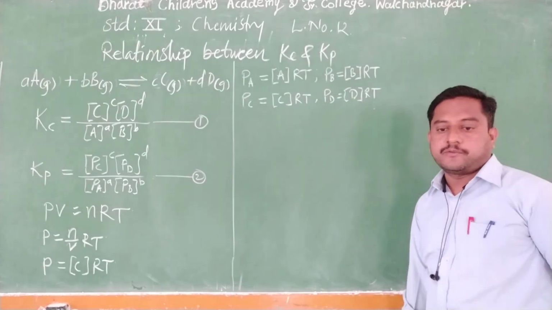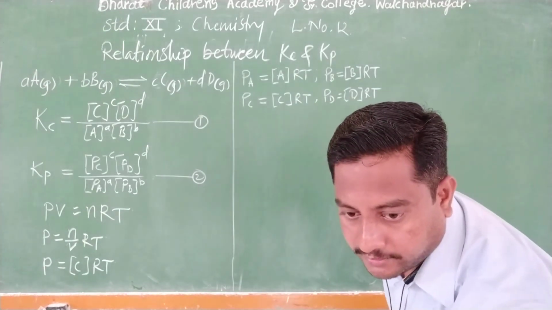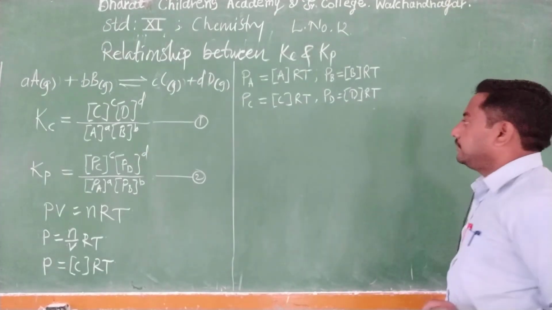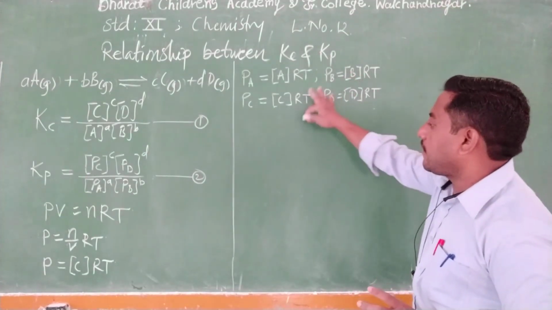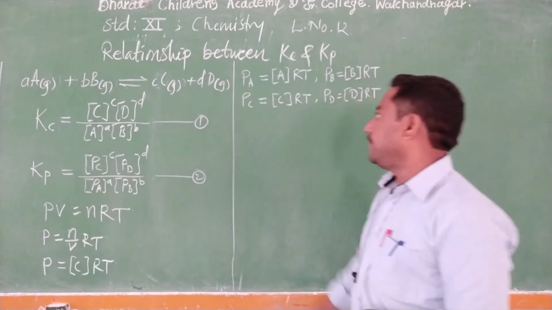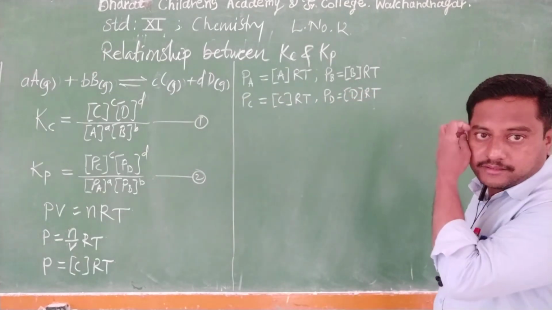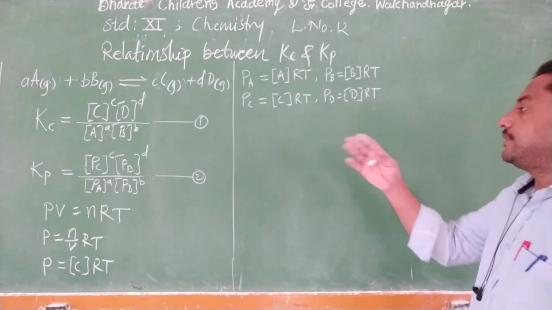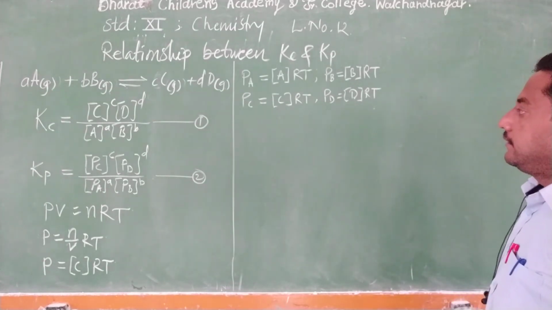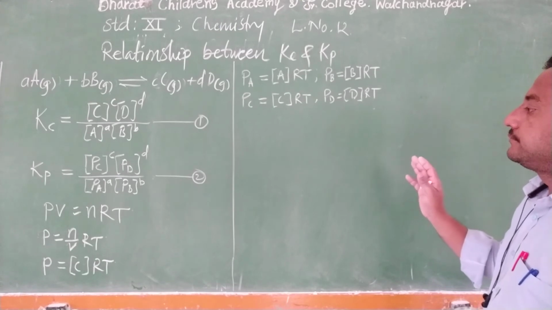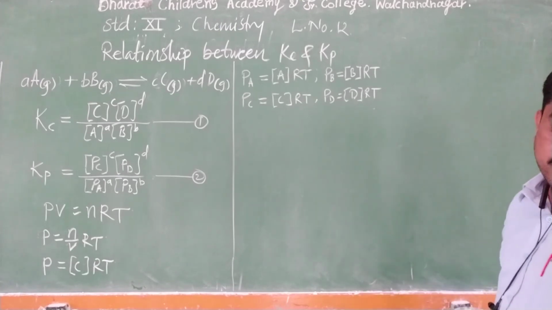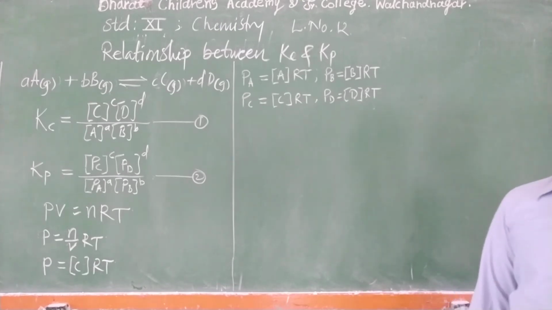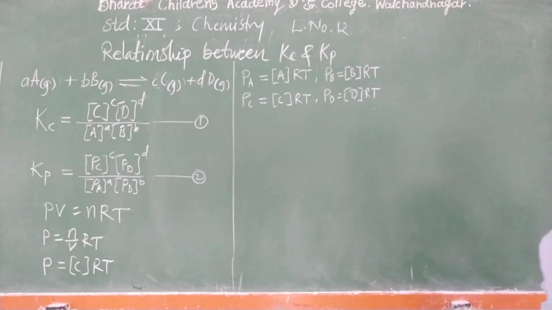Now, you can put all these values into the equation which is given on the board, just on the left side. If you put these values, whatever relation you get will be the relation between Kc and Kp.